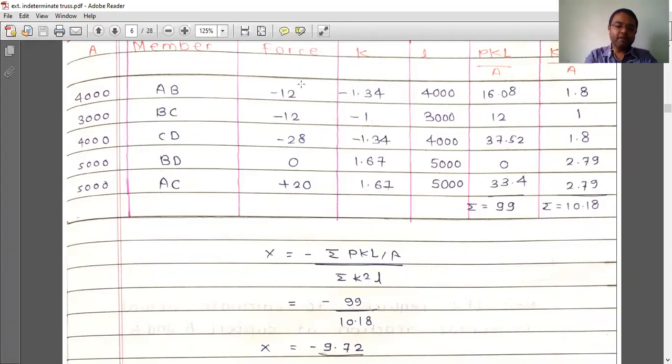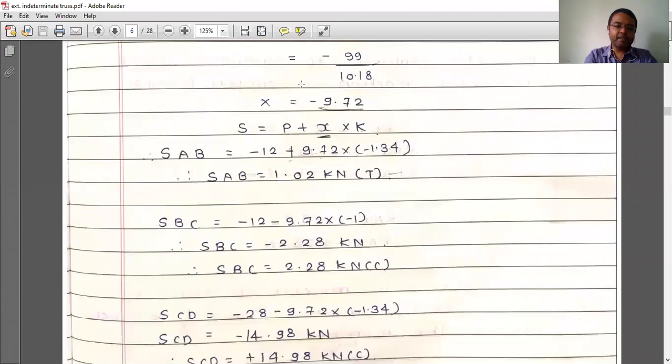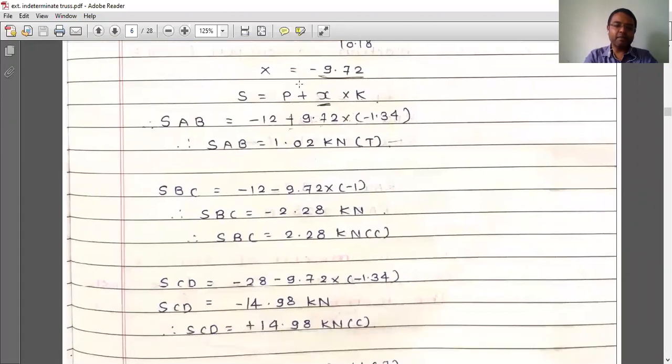From this table you can take these values, that is values of P and K. Finally we are getting the answer as positive. Positive means the nature of the force of member AB is tensile.